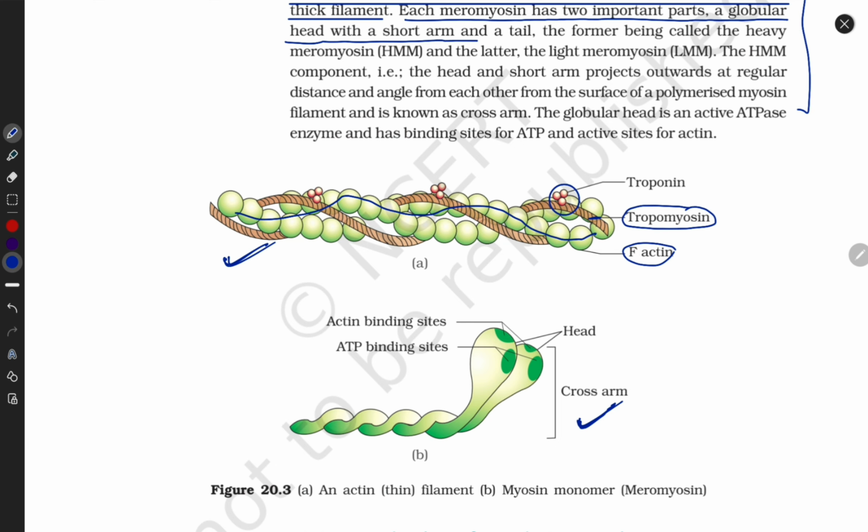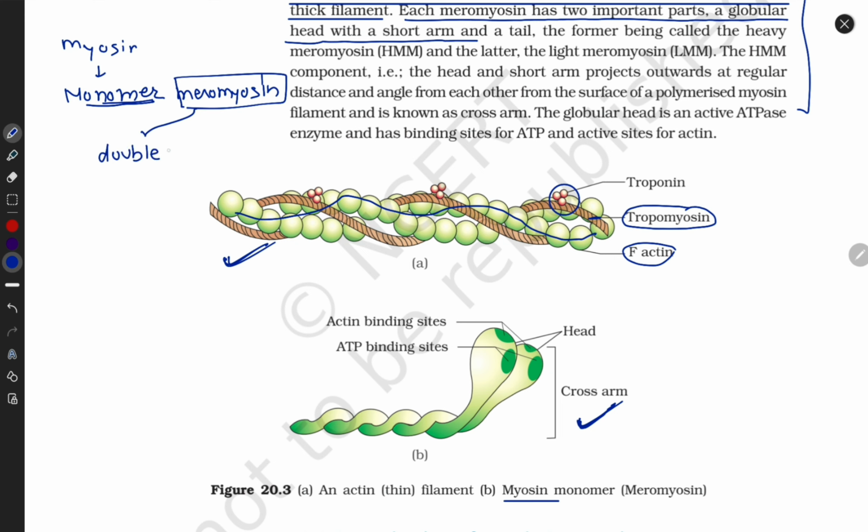Now let's discuss myosin. Myosin is made up of monomers called meromyosin. Meromyosin has a double helical structure with a head part and a tail part.